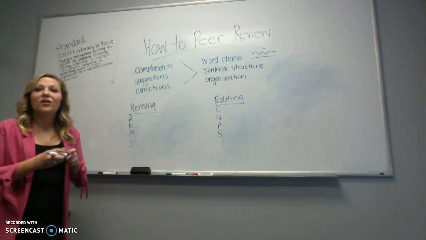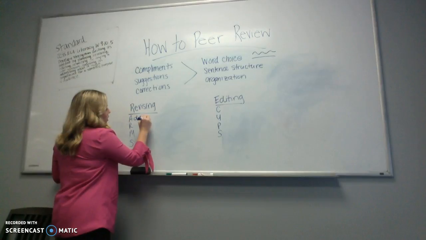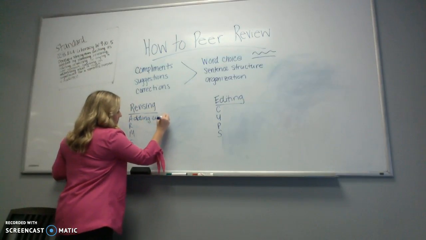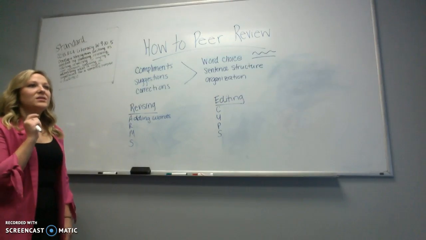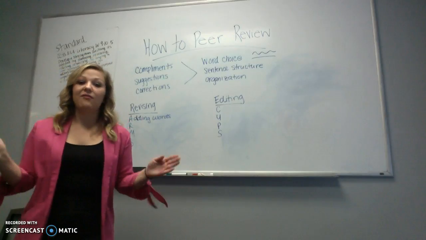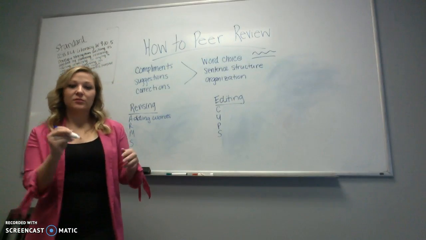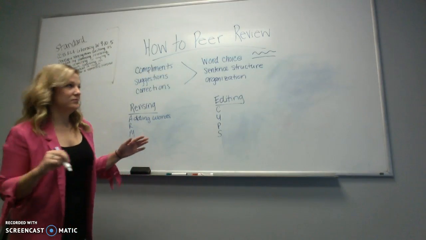So while we are revising, we're going to be thinking about adding words. Okay, so that is, does someone need an adjective in their sentence and doesn't have one? Okay, so we'll say, boop, add this adjective to modify this noun.